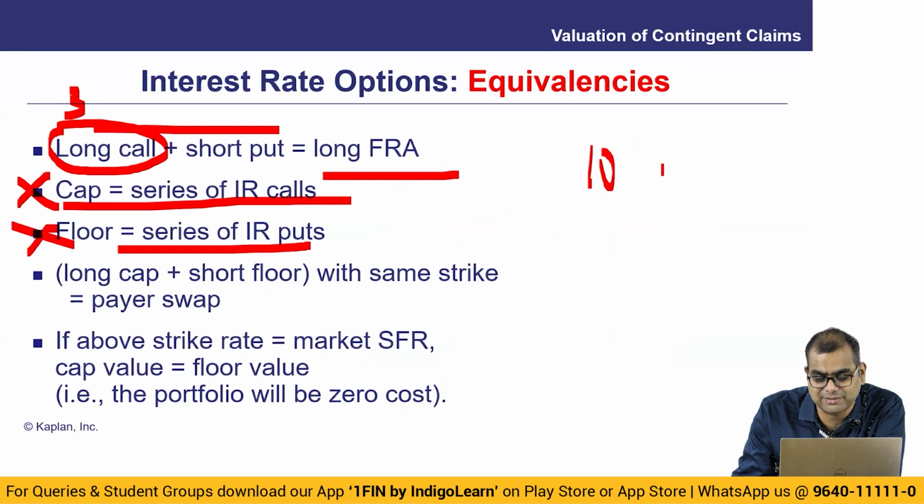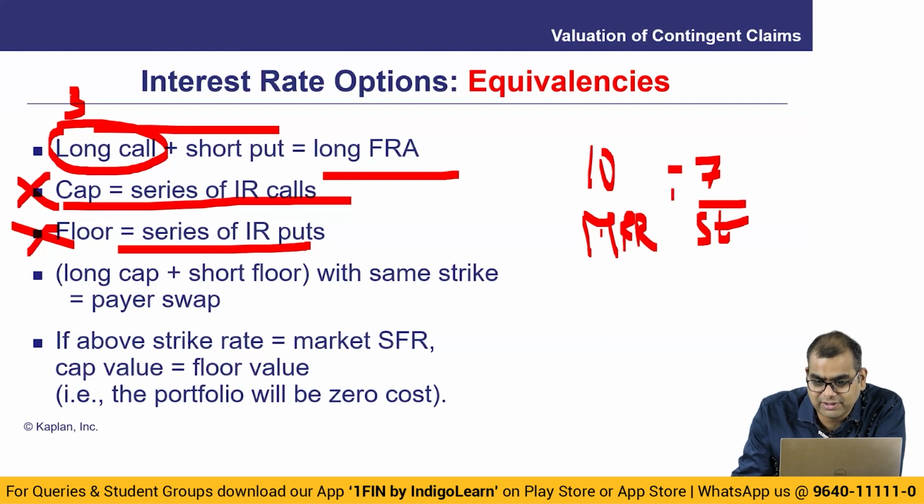Keep these numbers in mind. 7 is my strike, and 10 is my market reference rate. So I have a right to borrow at 7 even though the market rate is 10. So I basically am making a gain of 3%. Same thing with a long call: I receive floating, pay fixed.